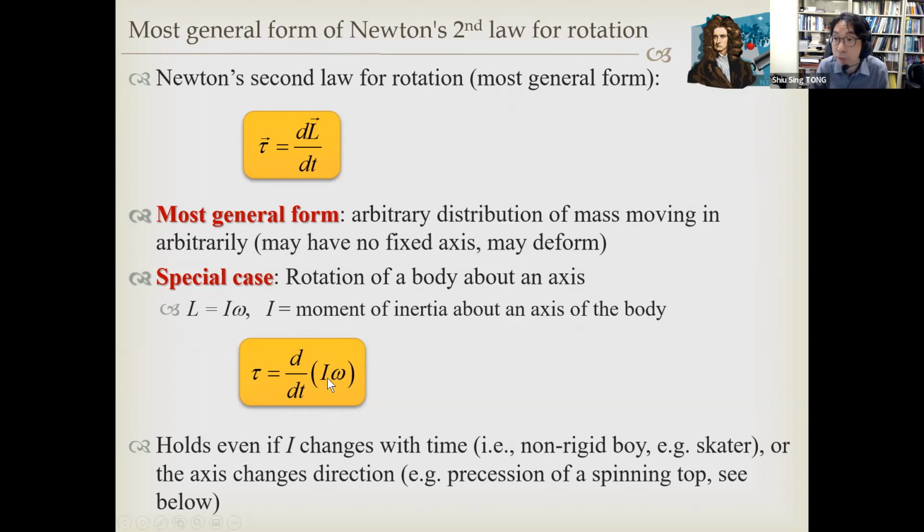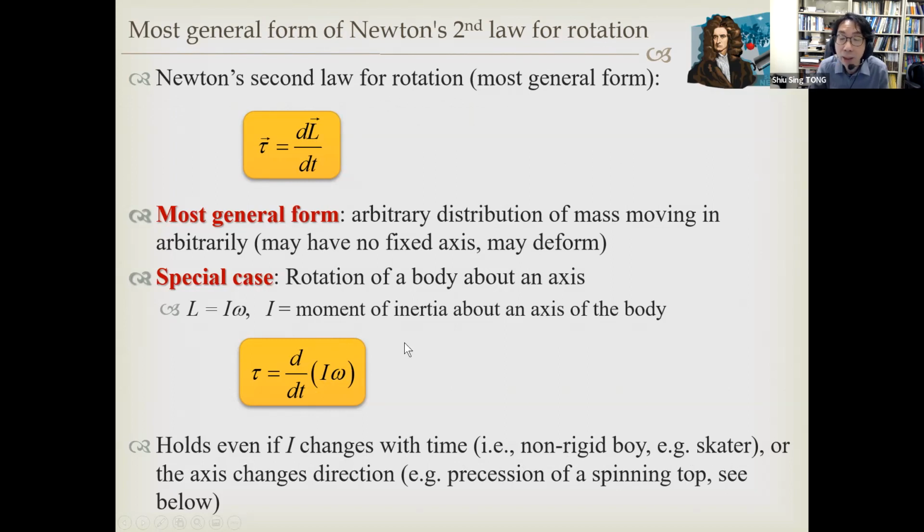The I may change with time, but we have already proved it. Because I omega is only a special case of L, and I've already proved the most general situation of torque equal to dL/dt, I can now apply it to the special case of a changing I. So this formula, now I've proved it, holds even if I changes with time for a non-rigid body, for example, a skater.